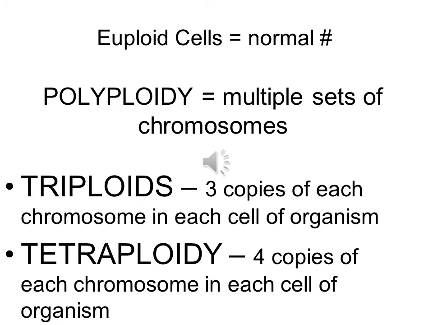Tetraploidy has been found mostly in early spontaneous abortions, but a few humans have been born with the tetraploid condition. However, they do not survive. These two conditions, tetraploidy and triploidy, probably account for about 10% of all known miscarriages in humans.